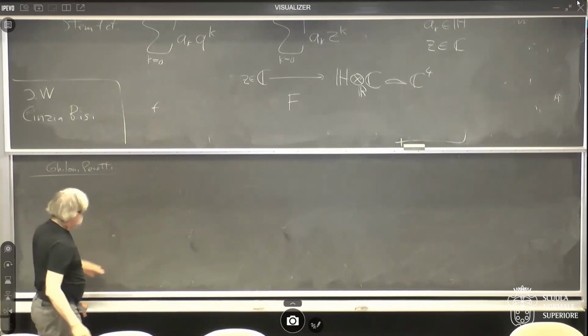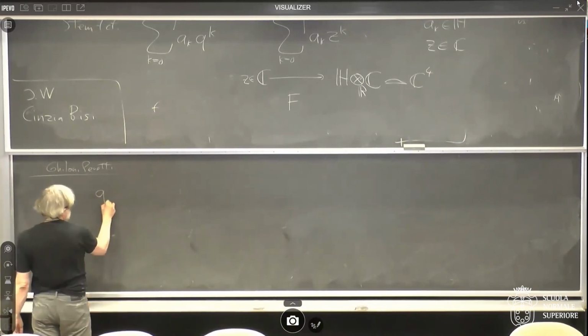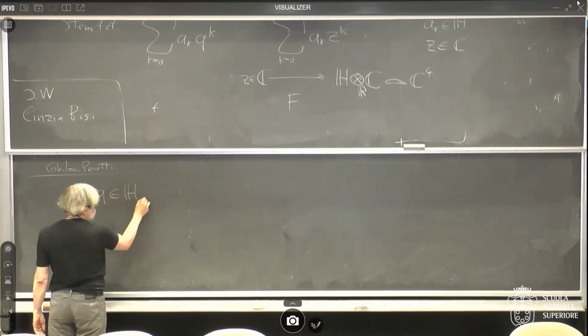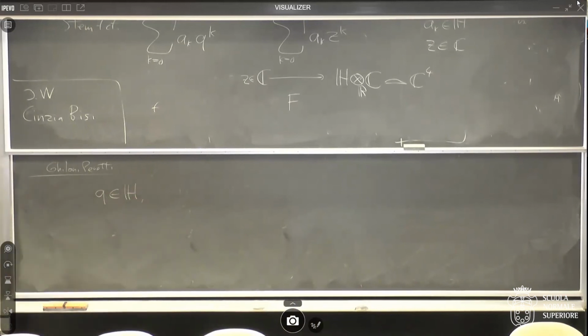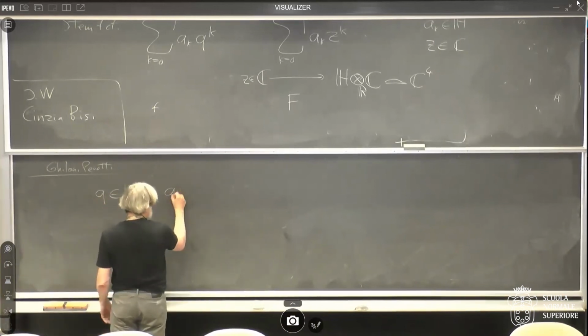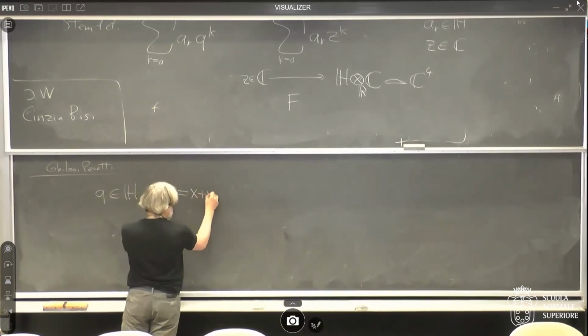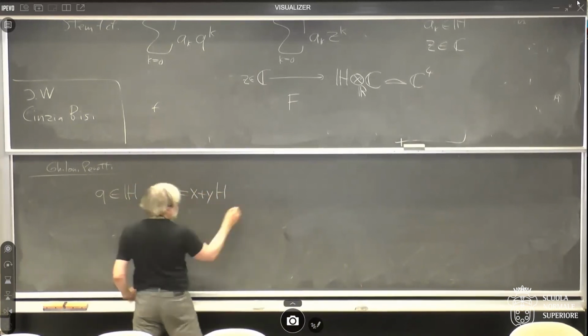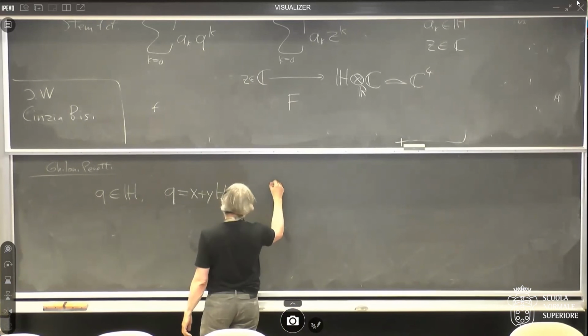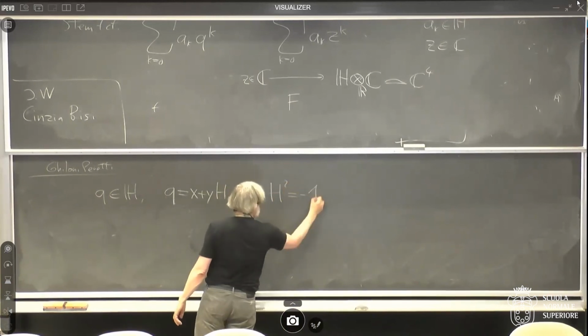The answer is, if you have an arbitrary element in the quaternionic numbers, you can always embed a complex subalgebra which contains this element. So you can write q as some x plus y h, and h is an imaginary unit, so h squared is -1.